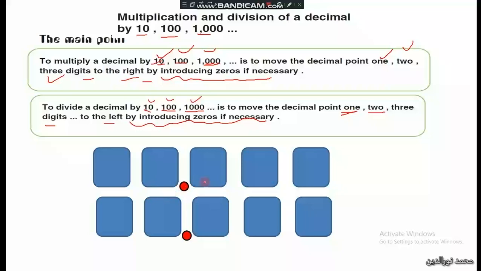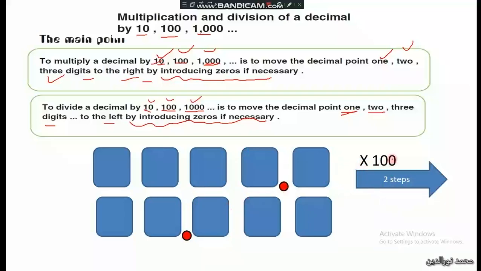As in this example, we have these that represent the digits, and this red dot represents the decimal point. If we are multiplying by 100, I move the decimal point 2 steps to the right, so 1 and 2.